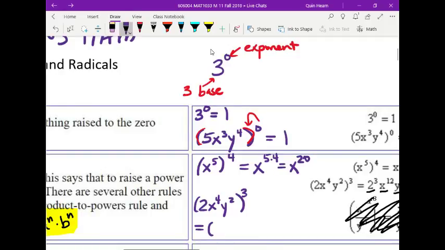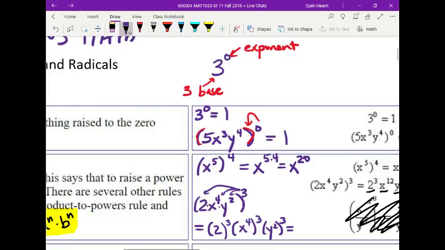We can break that down since these are all being multiplied. That's important. This doesn't work for addition and subtraction, but since they're all being multiplied, that's the same as raising 2 to the 3rd power, x to the 4th to the 3rd power, and y squared to the 3rd power. We usually don't write that step. We just imagine raising each part to that power. But in any case, that's what we're thinking.